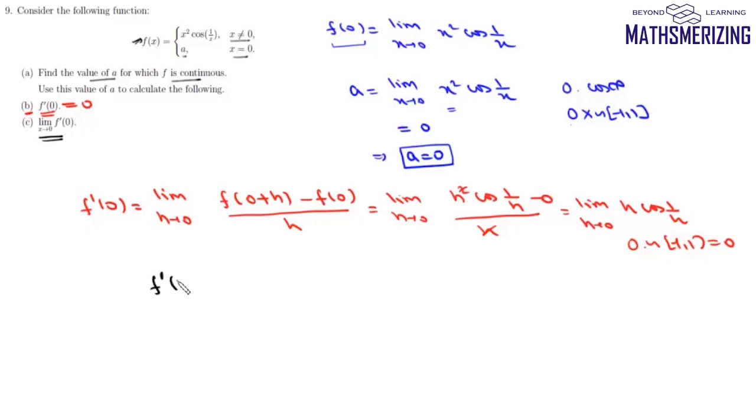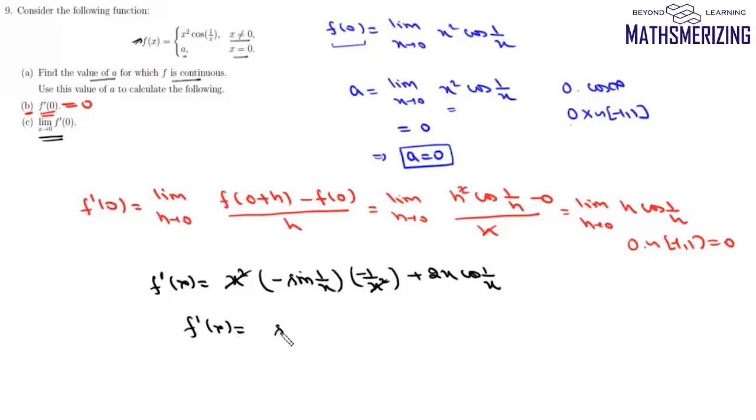Then we can write f dash x as x square, now the derivative of cos is minus sine 1 upon x, and minus 1 upon x square, plus 2x cos 1 upon x. Now here x square will cancel. We'll get this f dash x as sine 1 upon x plus 2x cos 1 upon x.